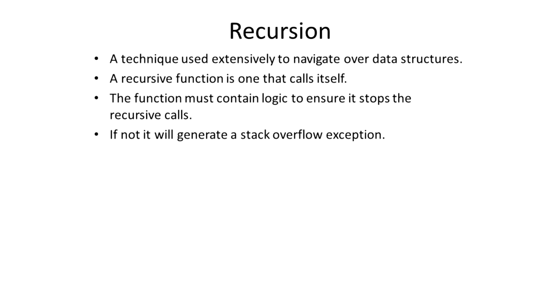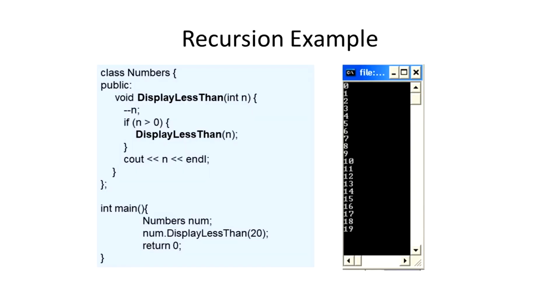Okay, so let's have a look at an example. In this example, you'll see that we have a method called DisplayLessThan, which is kept within the Numbers class. And then within main, we're going to create an object of this class and then call this method DisplayLessThan, passing 20.